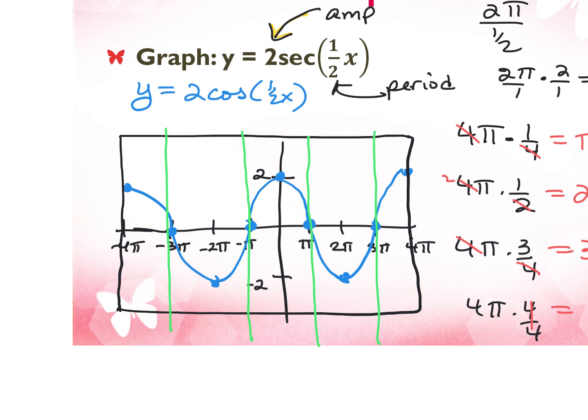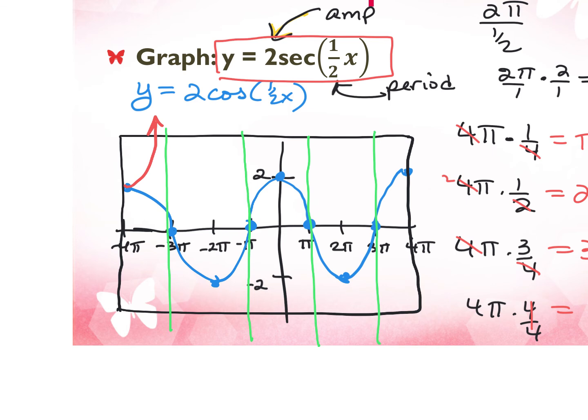Now I'm going to go ahead and make my parabola curves here. And again, if it helps you to see the full U shape when it's a part of a U, you can always draw the full U, but then go back and erase it. So up here at this maximum, I'm going to draw a U. But again, remember, I don't need that left side of the U that's out of the box. So you could put it there so you know which way to curve that side, and now erase it.